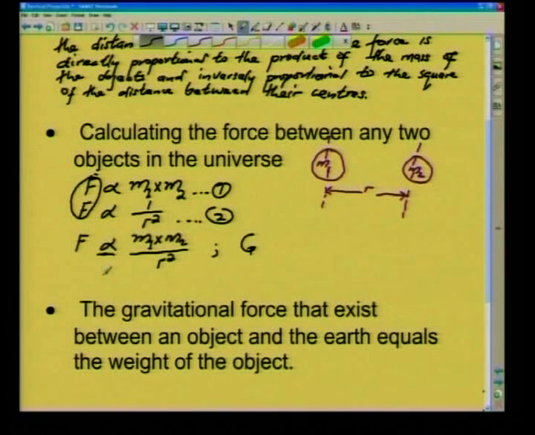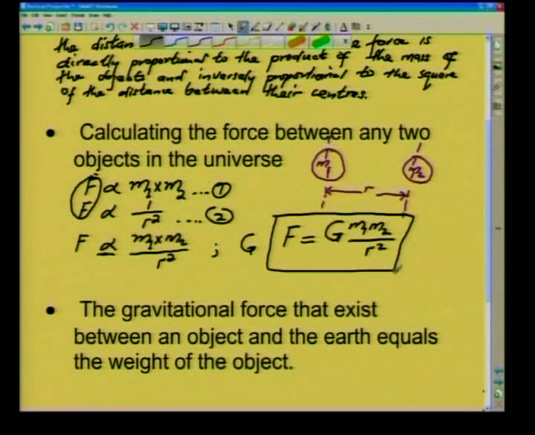Now, when we put that down, we can remove the proportionality sign, and what we'll end up with is a nice formula for calculating the magnitude of the force of attraction between any two objects in the universe. That will be equal to G, the constant, times M1 times M2 divided by R squared. I think you have seen this formula somewhere. It's a very important formula for finding the magnitude of the force of attraction between any two objects in the universe.